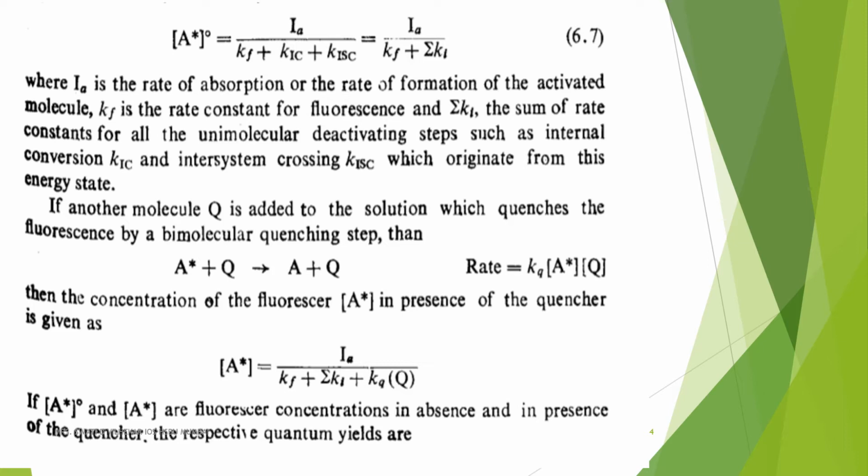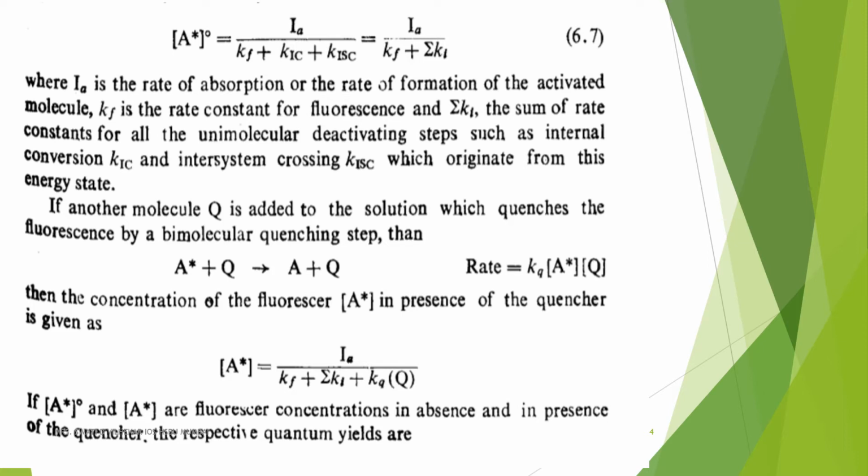It will come out to be Ia divided by Kf plus Kic plus Kisc, where Kf is the rate constant for the fluorescence step, and Kic as well as Kisc are the rate constants for internal conversion and intersystem crossing steps. The summation of Kic and Kisc is Kt, and these are the unimolecular deactivating steps.